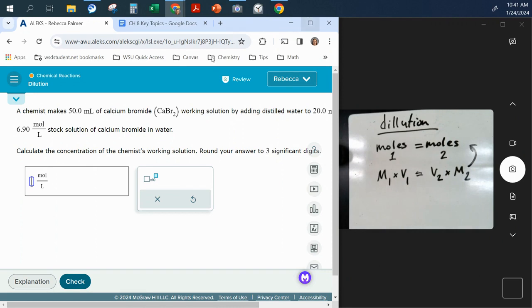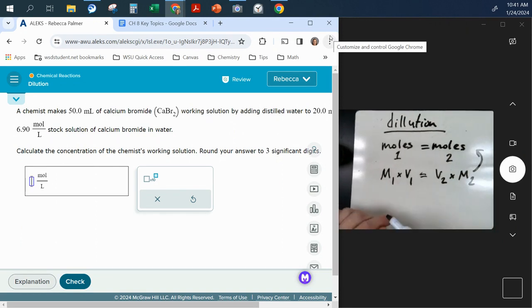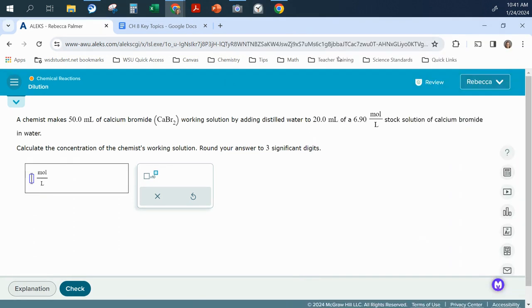So these problems, there's kind of a shortcut. What you're going to end up doing is multiply the 2 numbers that are talking about the same solution and then divide by the other number. So read through this with me and let's see if we can figure out which 2 go together. This says a chemist makes 50 milliliters of calcium bromide working solution by adding distilled water to 20 milliliters of a 6.90 molar stock solution of calcium bromide in water.